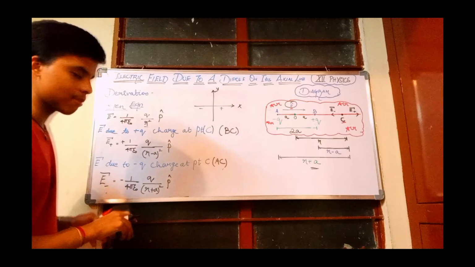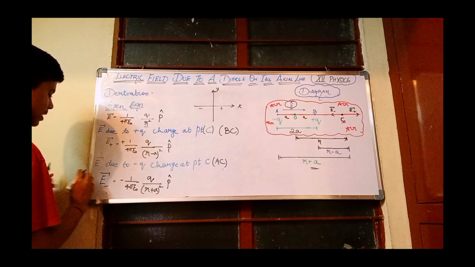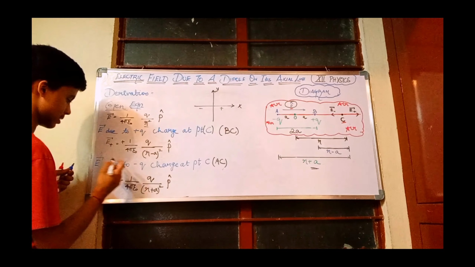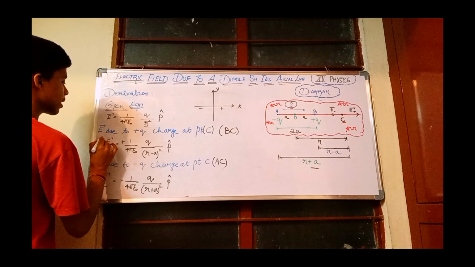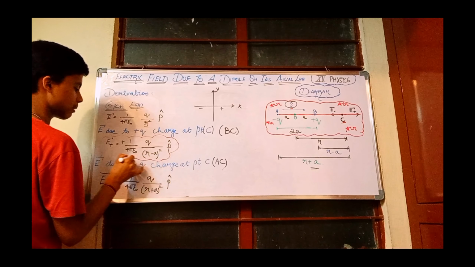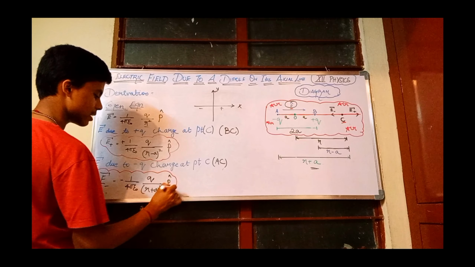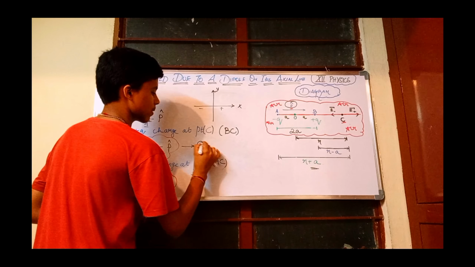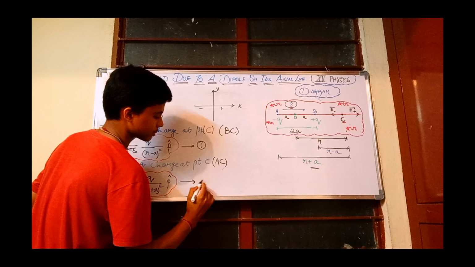Now I got the formula for electric field due to minus Q charge and electric field due to plus Q charge at point C, using two distances. Now I'm going to mark these two formulas as equation number 1 and equation number 2.